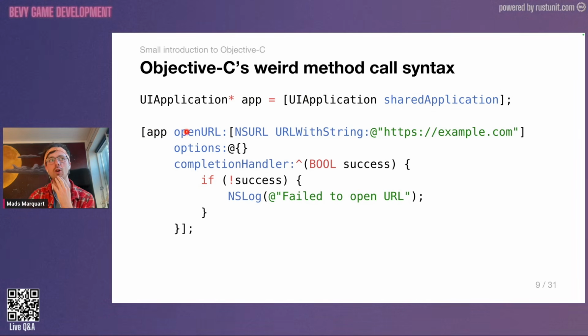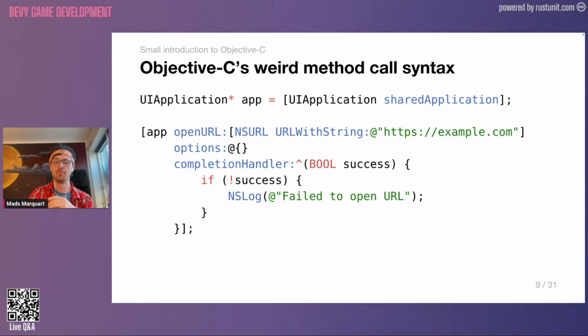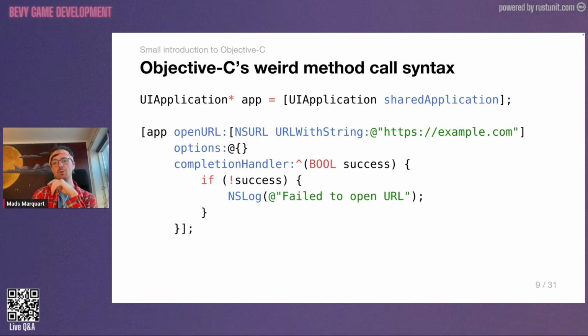Then you call the openURL method with some options and with the completion handler. This colon here is like the separation between arguments. I know this looks weird. Hopefully you shouldn't need to care too much about this, just to give you an idea of what we're dealing with. So if we want to access this, this is the canonical way to open a URL on iOS.